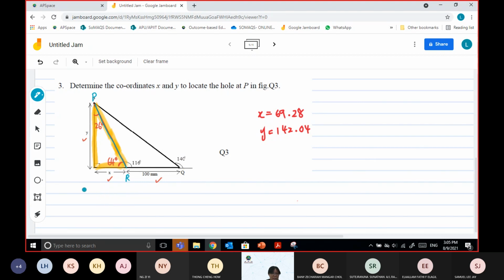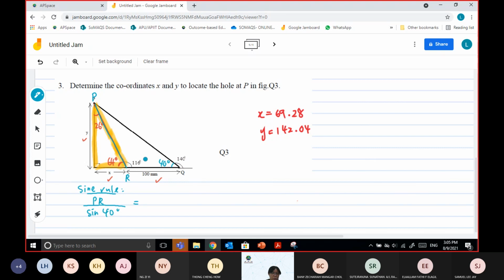To find the length of PR, I can use the sine rule. PR at the top is unknown. The angle corresponding to PR is here, which is 40, so this is sine 40.